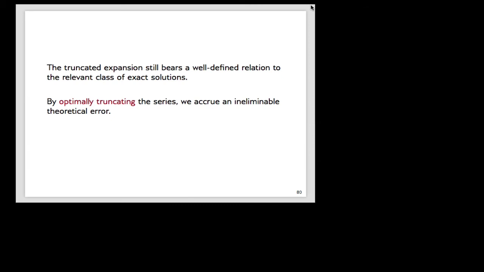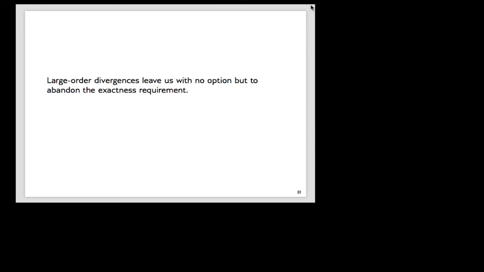And by optimally truncating the series, which is something I can explain later if people are interested, we accrue this final ineliminable theoretical error. We can't get rid of it because we have a principled demonstration that there's not one exact structure lying behind the success of the theory. So what that means is that large order divergences leave us with no option but to abandon the exactness requirement.